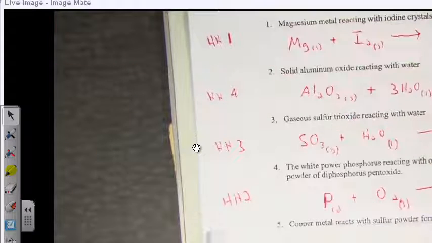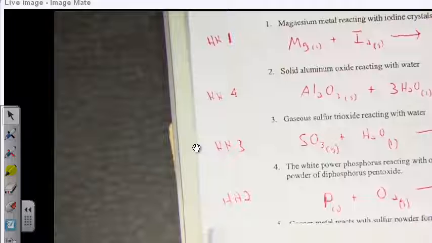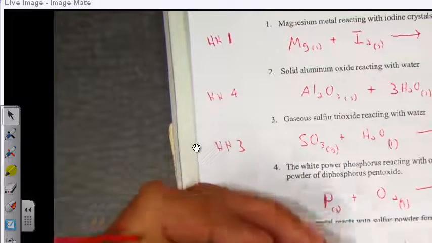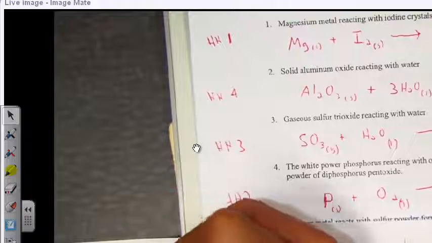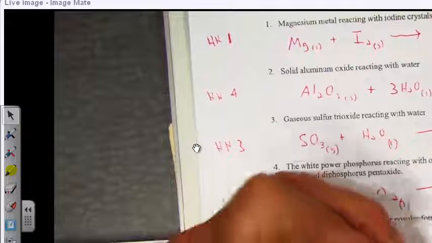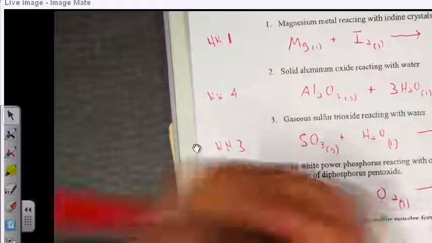The only thing left is to check how many we have, and the quick obvious thing that I see is there's more phosphorus and oxygen on this side than this side. A quick T-chart. P's phosphorus and oxygens. Right now there's 1 and 2. On the other side there's 2 and 5.